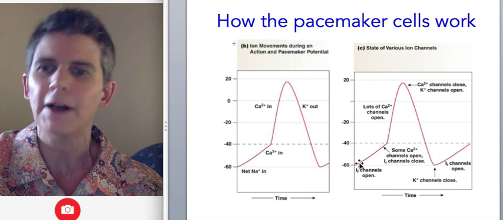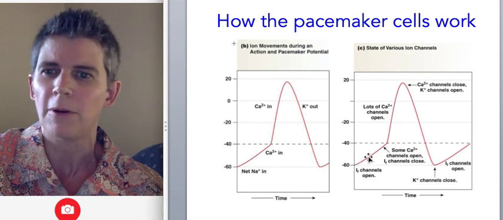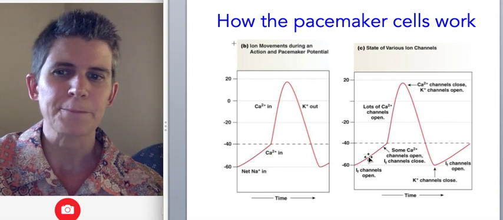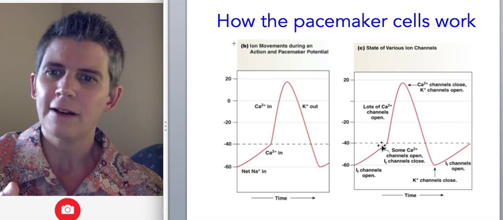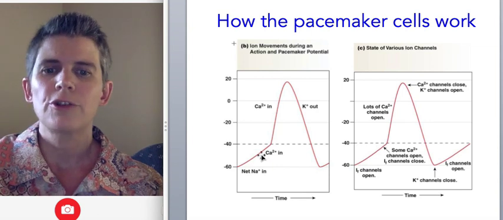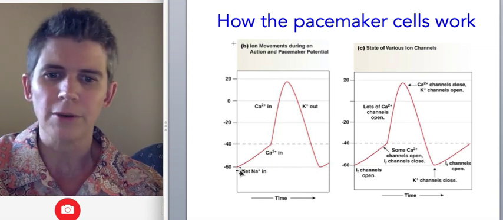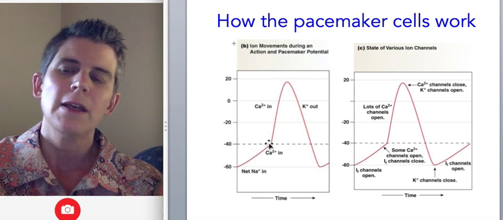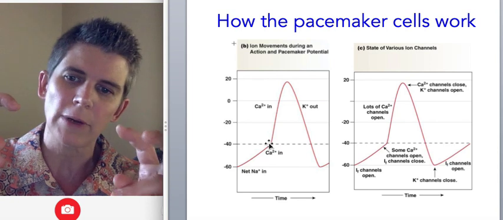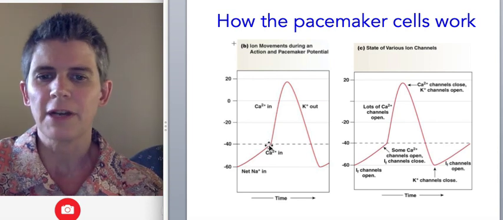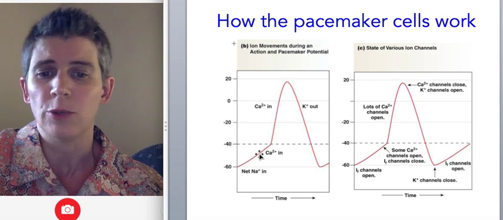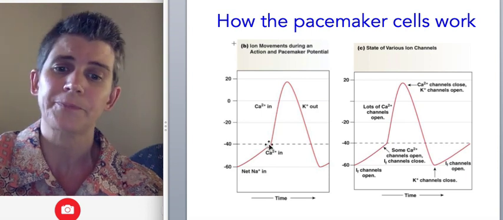They're called funny channels, I sub F, so funny current, the F really stands for funny, a way for positive charge to enter the cell, mostly sodium, entering the cell even when the cell is not undergoing an action potential. So even at rest, these cardiac cells have a slow sodium current that is entering the cell and gradually depolarizing it.